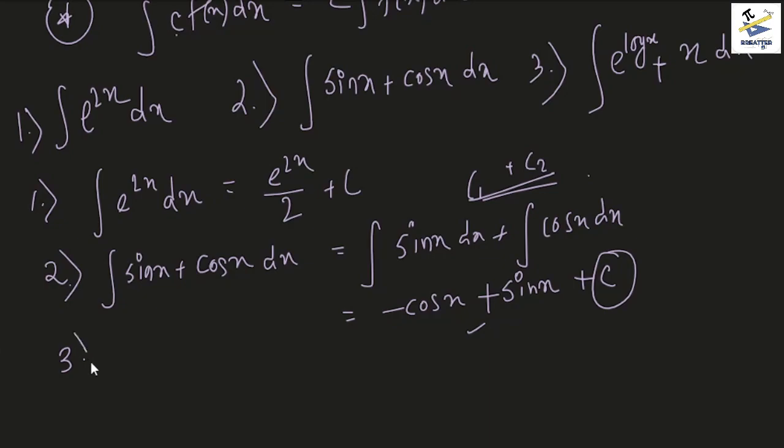And for the third one, it's integral of e to the power log x plus x dx, but we observe that e to the power log e of x, which is the natural logarithm, is just x.